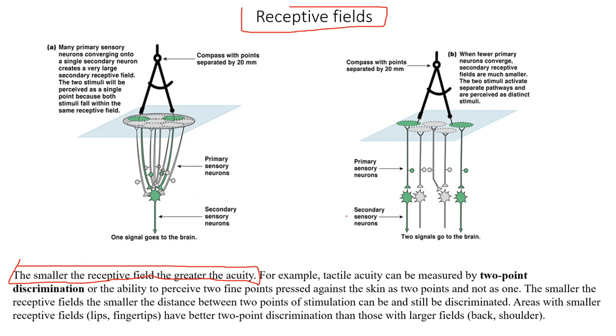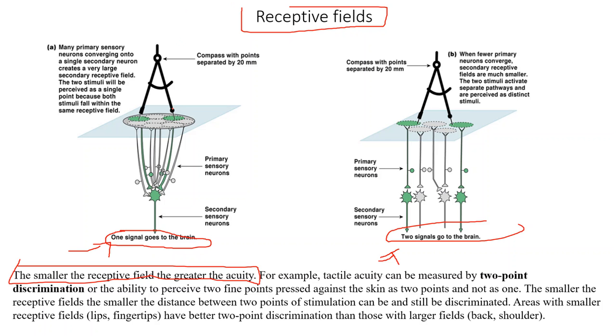When we talk about tactile acuity, this can be measured by two-point discrimination, the ability to perceive two fine points pressed against the skin as two different stimuli and not one. These are examples that represent two situations: in the first one, one signal goes to the brain, and in the second one, two signals go to the brain.